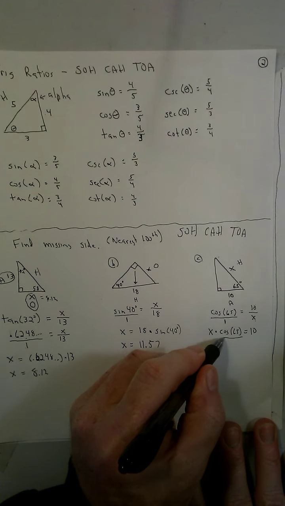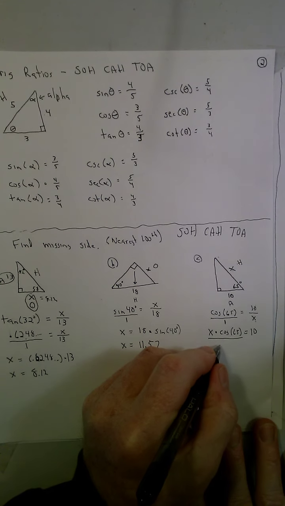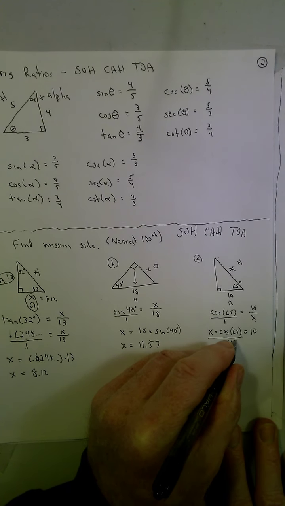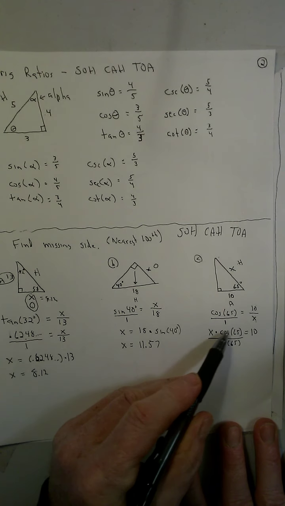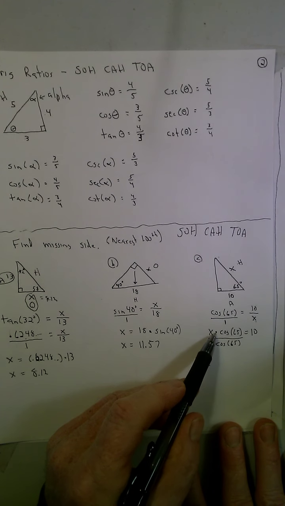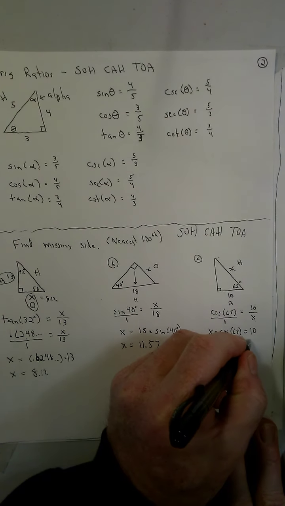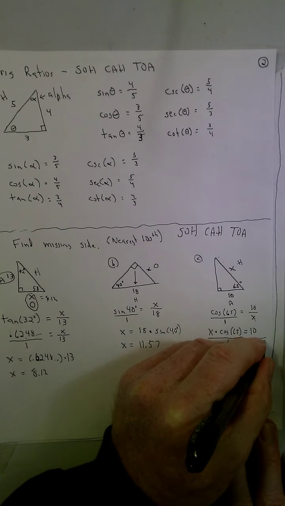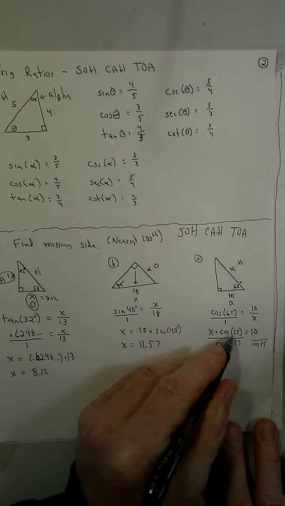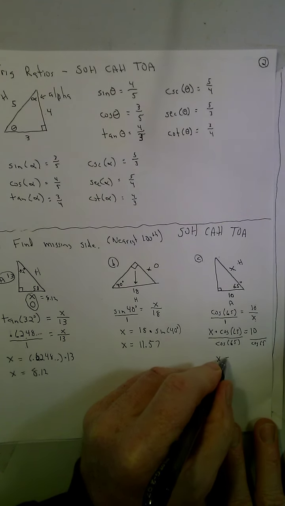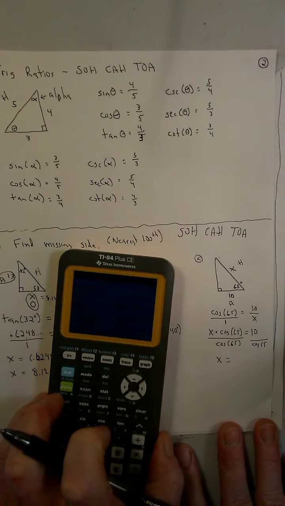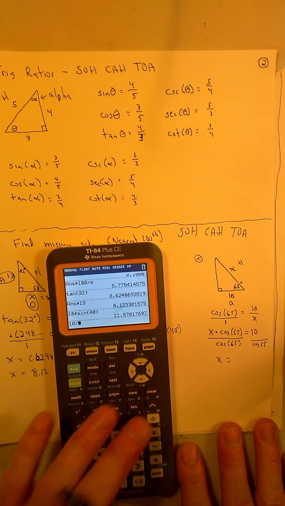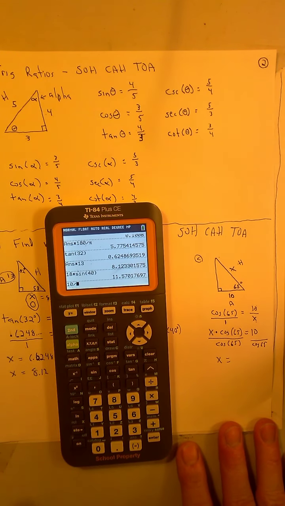These are multiplied together. To undo multiplication, you do division. Whatever you do to one side, do to the other. All right, so these divide, leaving x, and now I just figure out 10 divided by the cosine of 65 degrees. 23.66.